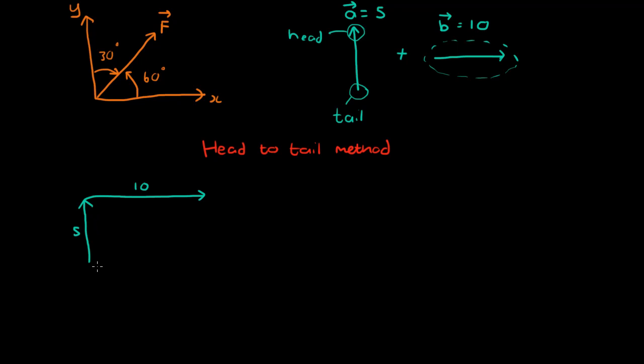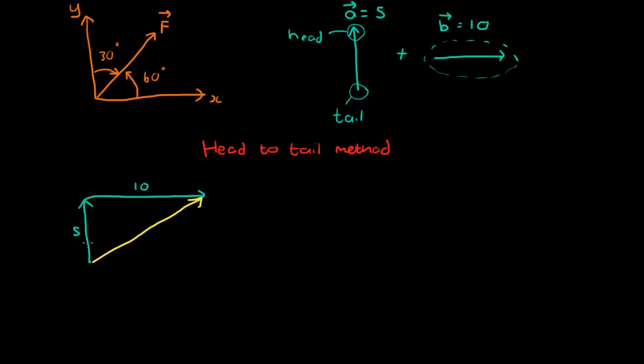To add these two vectors now, what we do is we take the very beginning, the very end, and we go from the beginning. Let me just choose a different color for this. We go from the very beginning to the very end. And that is the net vector.